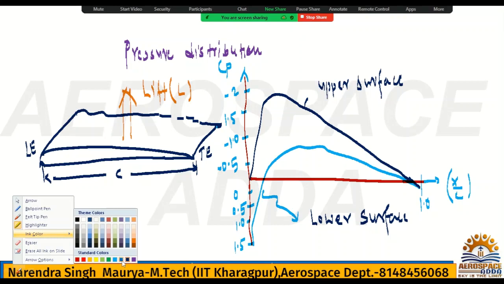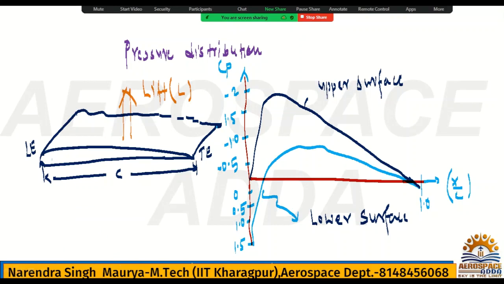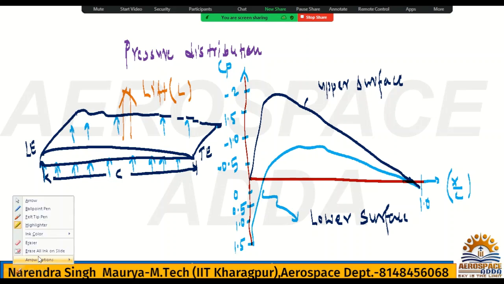Should I take this color? Bottom side pressure is what? Very high compared to the upper side. Yes or no? This is the bottom side pressure over the surface. Okay, and the top side pressure you can say is comparatively less.